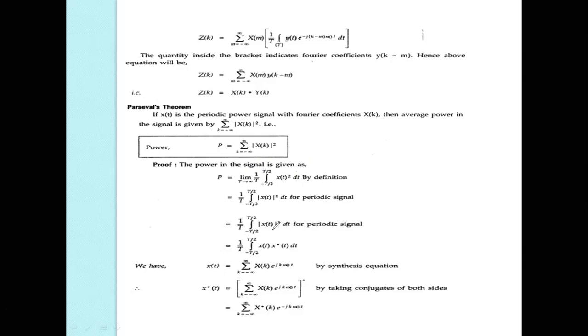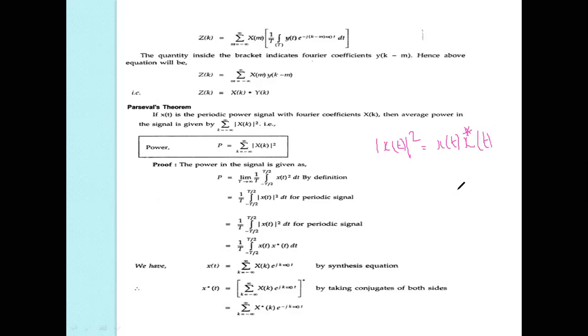This magnitude we can write as follows. The squared magnitude of x of t is a combination of the real signal x of t and the complex signal x star of t.